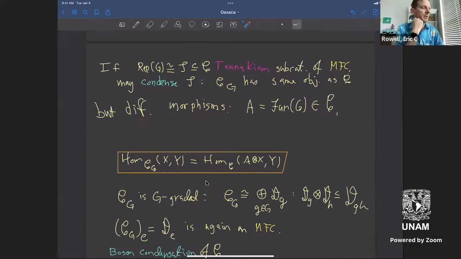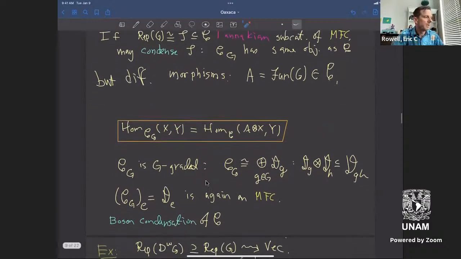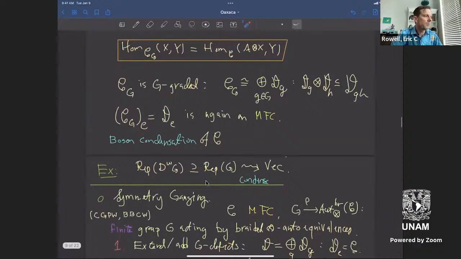So in particular, you take an object in the category C that looks like, well, it's the functions on G. That will be an object, given that you have this here. And then you define new morphisms between X and Y in this new category as, well, you put on an A, okay? And that's in C. So you just change the morphisms a little bit, and it gives you this kind of quotient. And it creates quite a beautiful category.